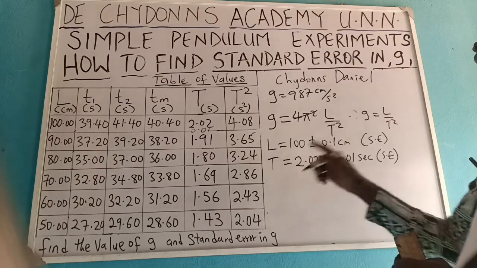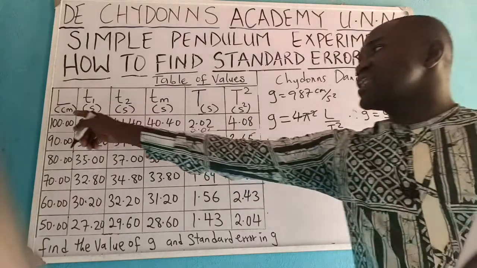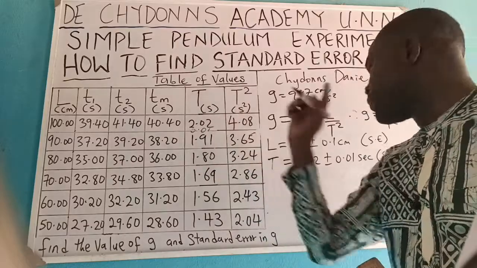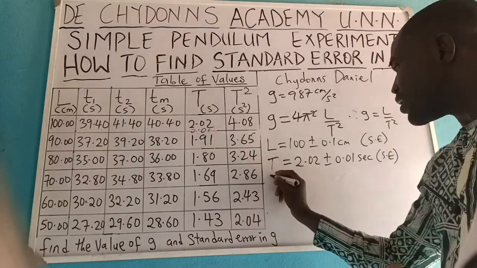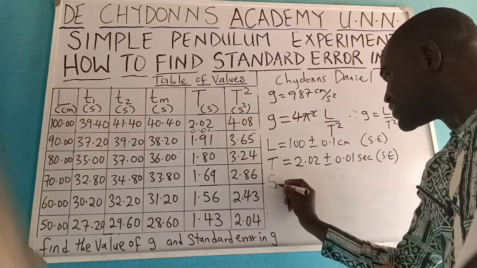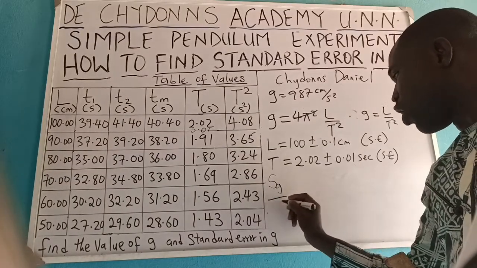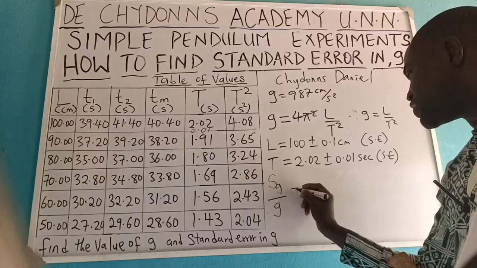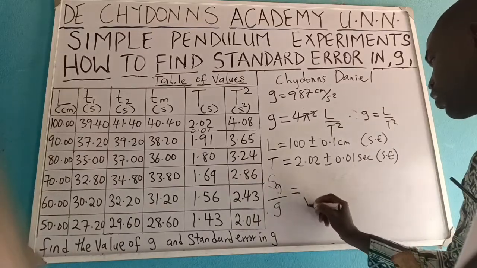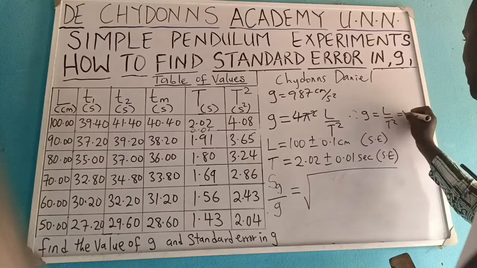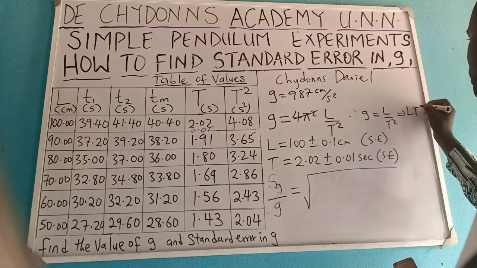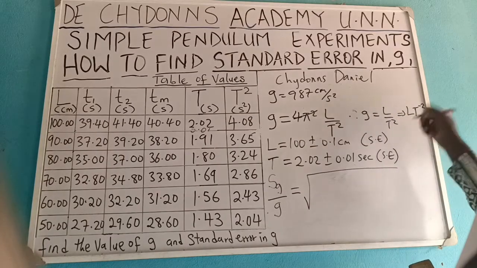Okay, now after I have taken the maximum length and the maximum period, I can now start. I will now say standard error in finding G all over G is equal to the square root of, this means L T raised to the power minus 2. That is what it means.